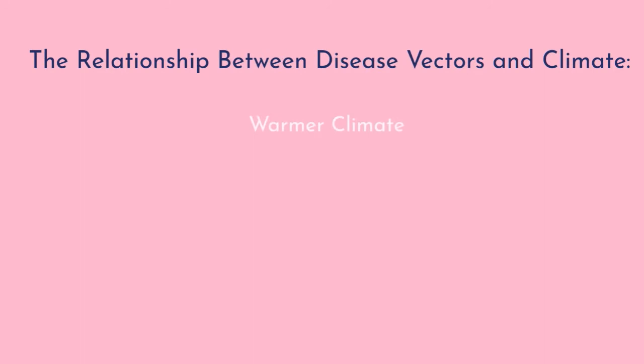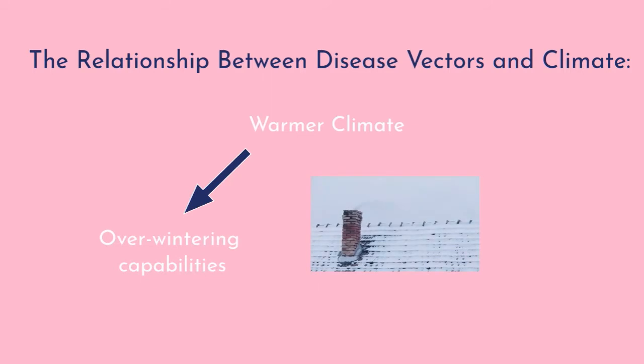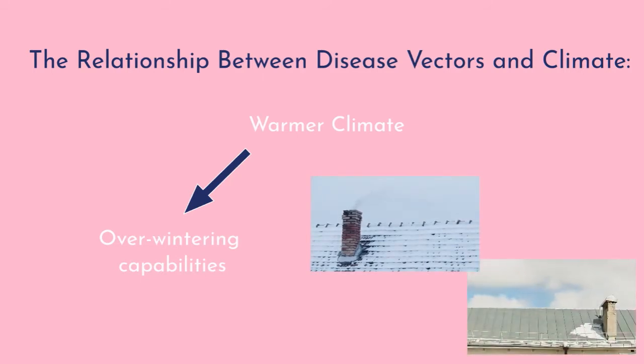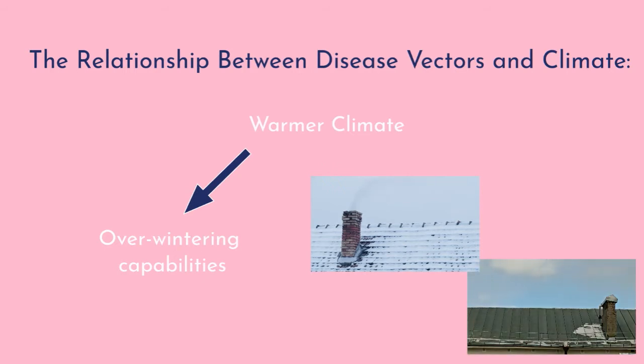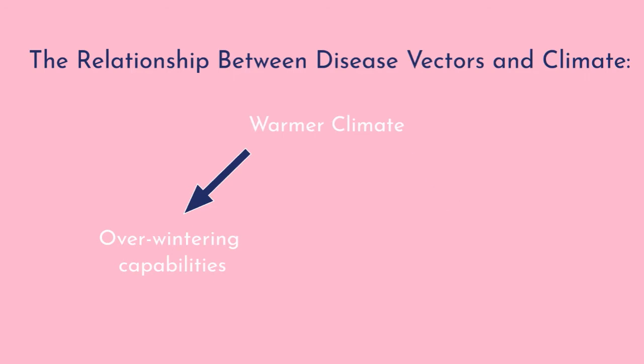But it has to do with the warming climate, because as the climate warms, so too does the minimum temperature often observed in winter. And as this winter temperature increases, it becomes more tolerable for vectors, allowing them an ability to overwinter in more regions, sustaining their populations.